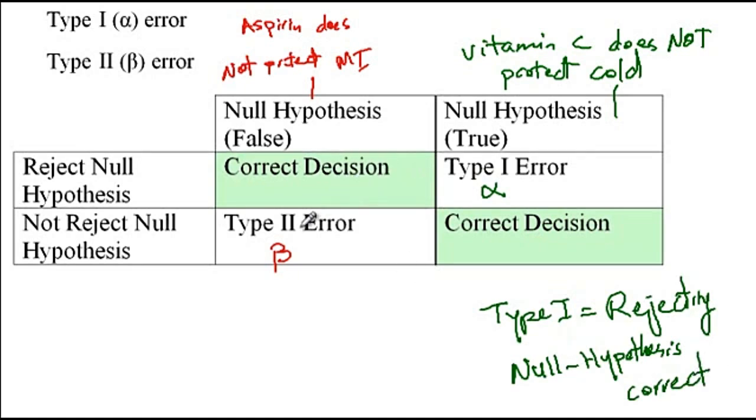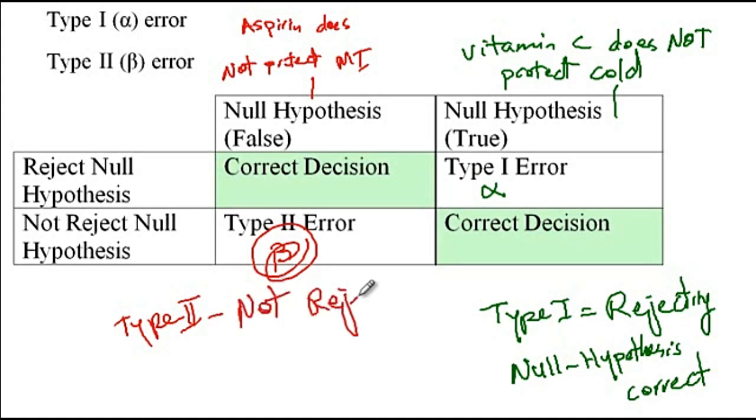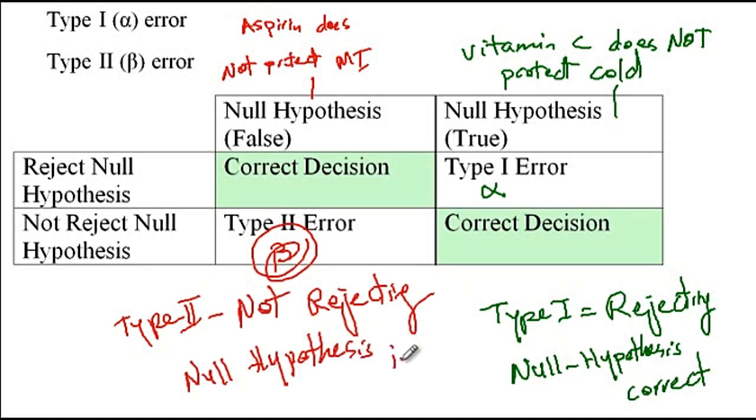On the other hand, type 2 error is not rejecting a null hypothesis that is false. So type 2 or beta error is not rejecting a null hypothesis that is incorrect. And that is the definition of type 1 and type 2 error that you will have to be familiar with.